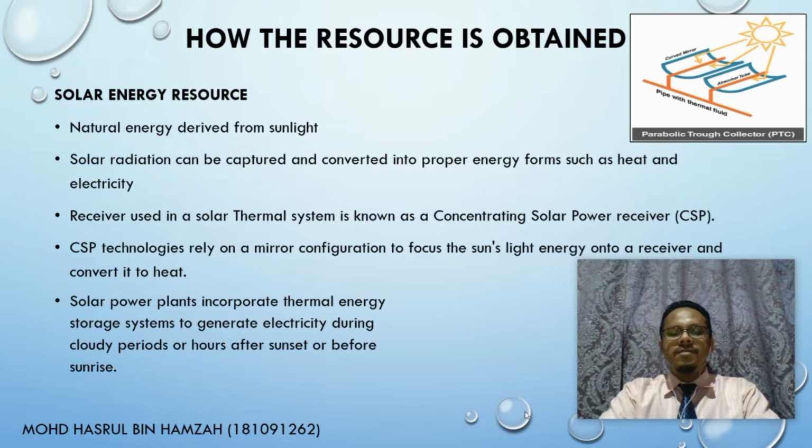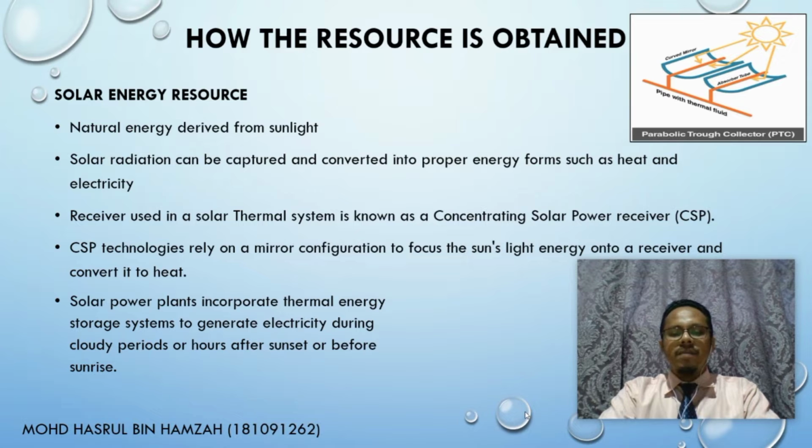All concentrating solar power (CSP) technologies rely on a mirror configuration to focus the sunlight energy onto a receiver and convert it to heat. Then, the heat used to generate steam can drive a turbine and generate electricity. It also can be used directly as process heat in heavy industry manufacturing processes.